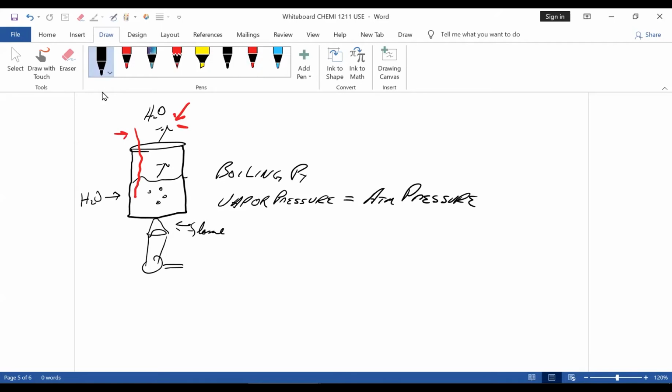Oh, boy. And that temperature is the boiling point right here. So if you have substances with different boiling points, you can separate them by slowly heating them. The one with the lower boiling point will boil and the vapor will come up here. And then later on, the second one.